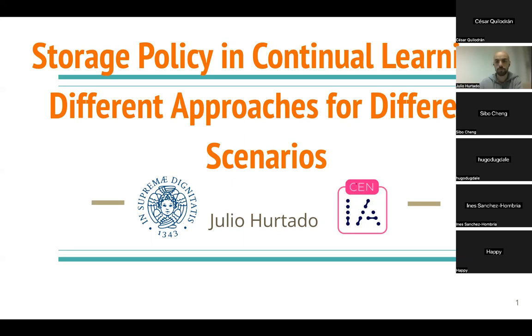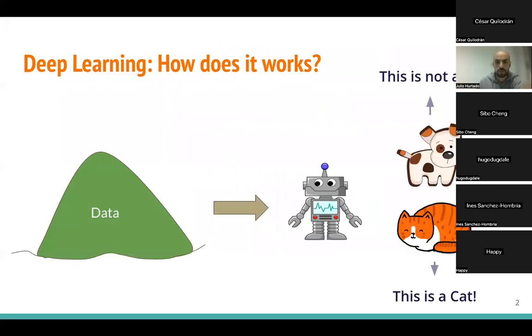So let's start. Today I'm going to talk about continual learning, specifically what a storage policy is, and how we can select the best approaches for selecting the storage policy in different kinds of scenarios. But first, I want to introduce and motivate the idea of deep learning.